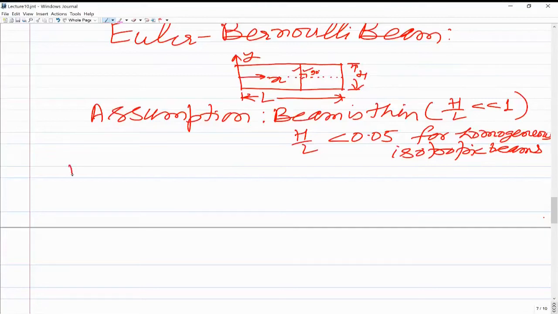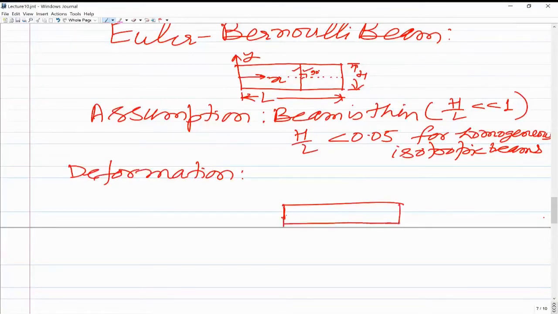So now we talk of deformation. This is the beam in the undeformed configuration, and these are the coordinates x and y, and let us say now this beam deforms like this.